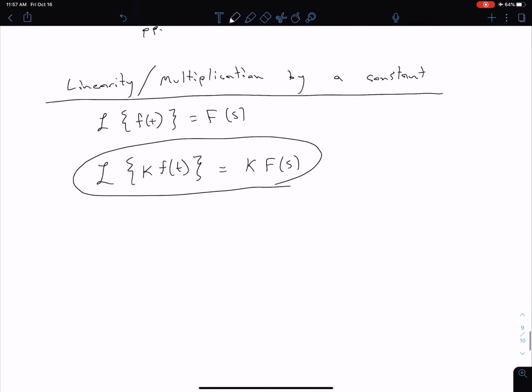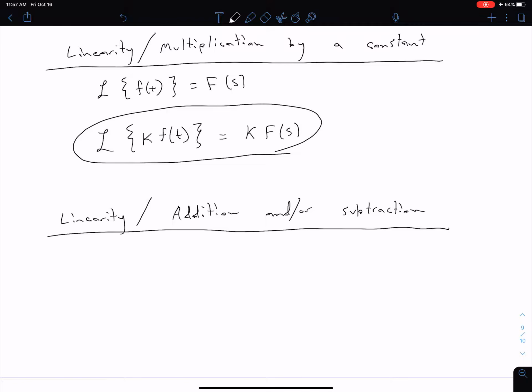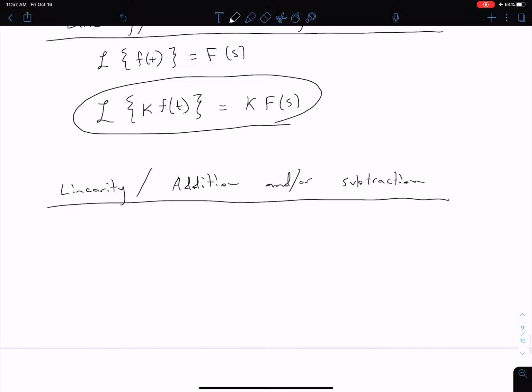Okay, so now let's look at another one related to linearity, and that's going to be addition and or subtraction. In this case, we're going to consider a few different functions.